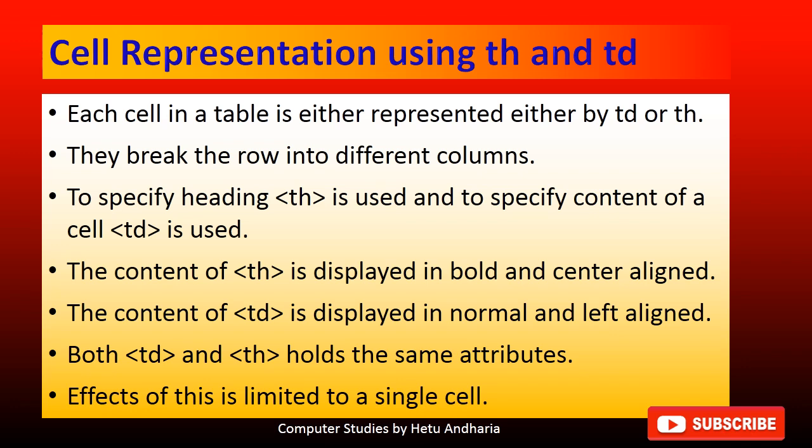Both TD and TH hold the same attributes. That means whatever attribute you can type in TD, the same attributes you can also use in TH. The effect of this is limited only to a single cell. Just now we learned that we had to change the color of only one cell, so we wrote bgcolor is equal to red and bgcolor is equal to blue in each individual TH.